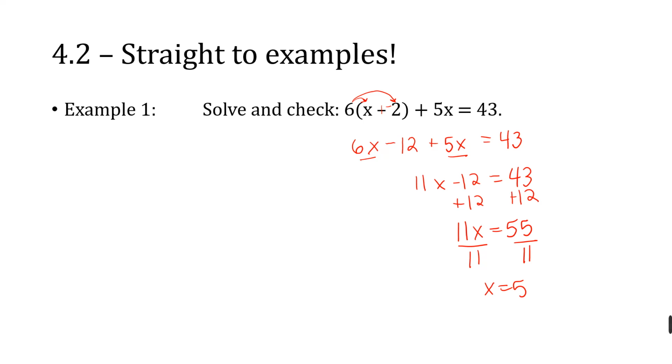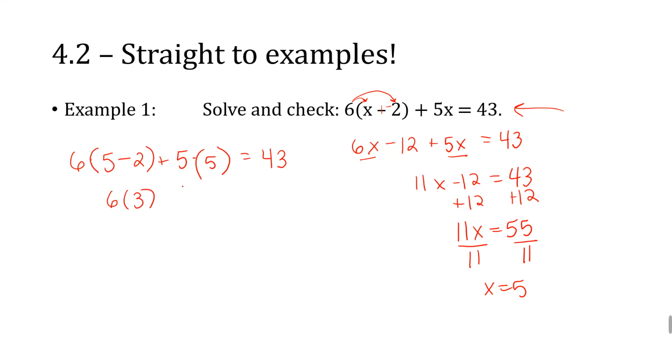Okay, so x equals 5, and I'm going to check my work. I'm going to start from the very initial problem when I check my work. 6 times 5 minus 2 plus 5 times 5 equals 43. Okay, so I'm supposed to do parentheses first. So 5 minus 2 is 3.